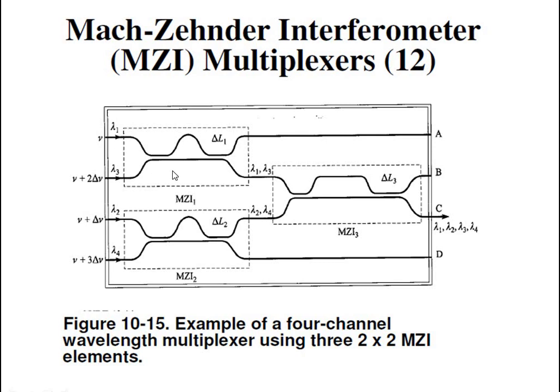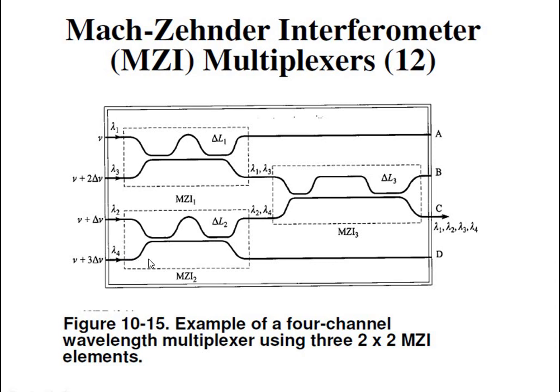Here this is one MZI and this is the second MZI. The inputs to the first MZI are nu and nu plus 2 delta nu, which we will call lambda 1 and lambda 3 respectively, and the inputs to MZI 2 are nu plus delta nu and nu plus 3 delta nu, which we will call lambda 2 and lambda 4 respectively.